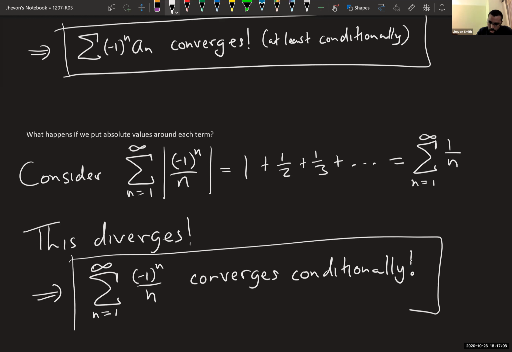So this is where we're starting to see the difference between absolute convergence and conditional convergence. Basically, conditional convergence means it does not converge absolutely, meaning if I put absolute values, it doesn't converge. However, if I take them away, then it does converge, right? So such a series is called a conditionally convergent series. So the alternating harmonic series converges conditionally.